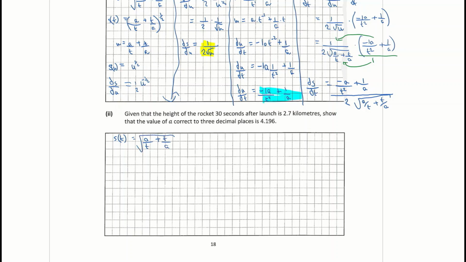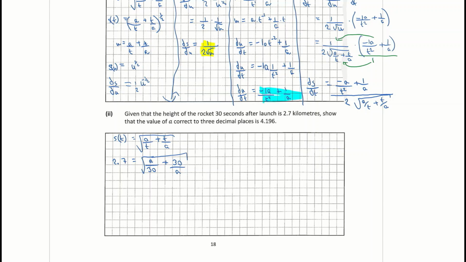That's what we're given. And it wants us to now show, given that the height of the rocket 30 seconds after launch is 2.7, so I'm substituting 2.7 in for my s of t, my height, and I'm letting that equal to the square root of a over t, which is 30 seconds, plus t over a, which is 30 over a.